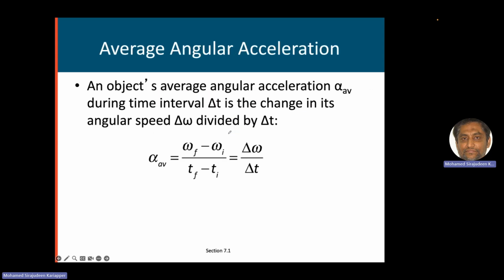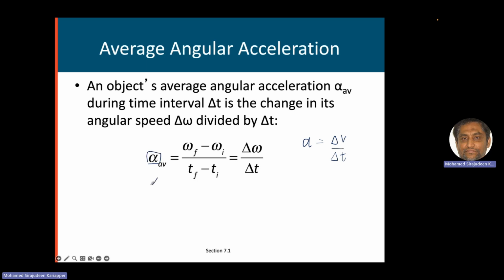Okay, naturally, the next will be acceleration. So we talked about the position, then how the position is changing, that is velocity, then how the velocity is changing is the acceleration. In chapter 2, we said acceleration is how fast the velocity is changing, the rate of change of velocity, change in velocity divided by time. So similarly, angular acceleration, now look, this is not A, right?